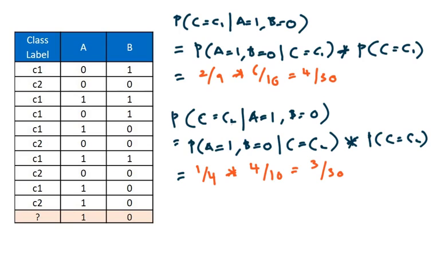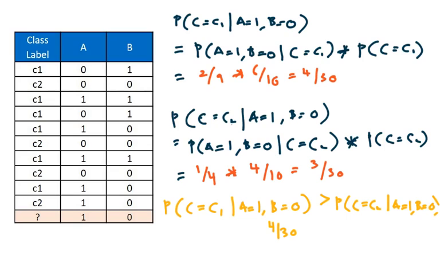The probability of C equals C1 given A equals 1 and B equals 0, which is 4/30, is greater than the probability of C equals C2 given A equals 1 and B equals 0, which is 3/30.